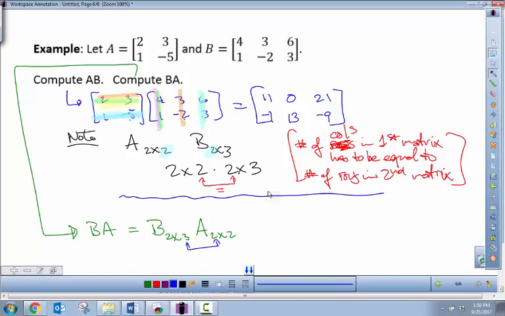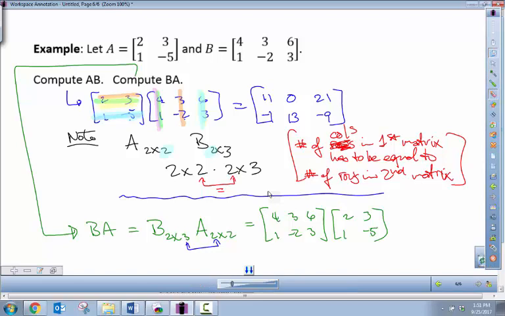So if we attempt to do this, (4, 3, 6; 1, negative 2, 3), try to multiply that with (2, 3; 1, negative 5), we see that we're going to run into trouble already when we take a look at the first row and try to dot that with the first column.